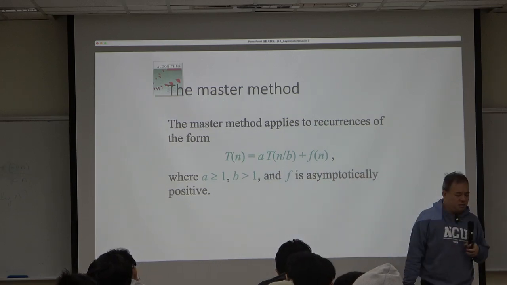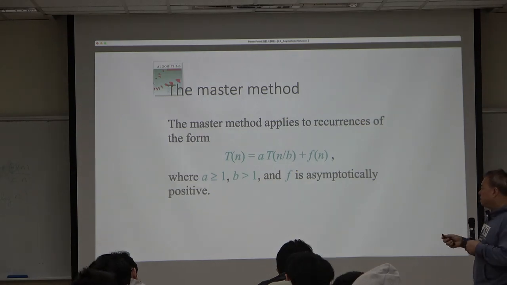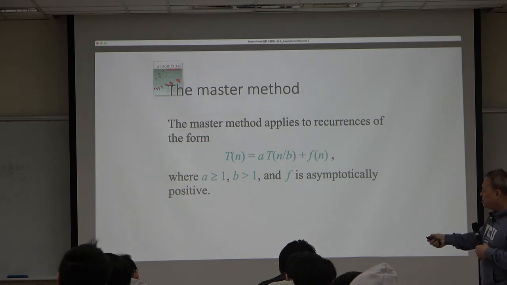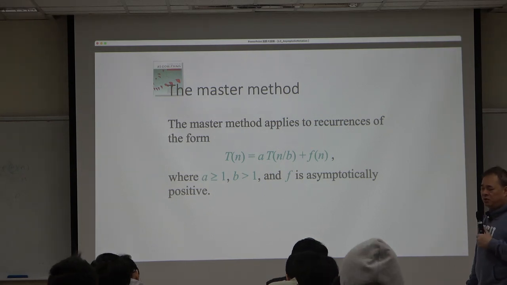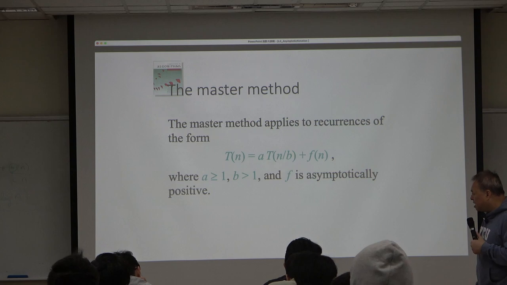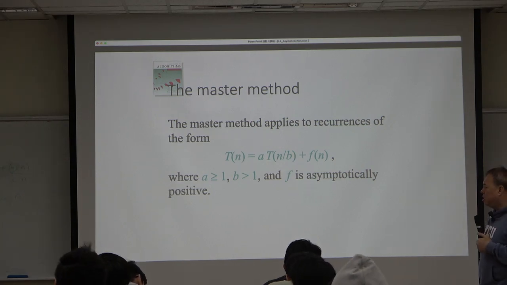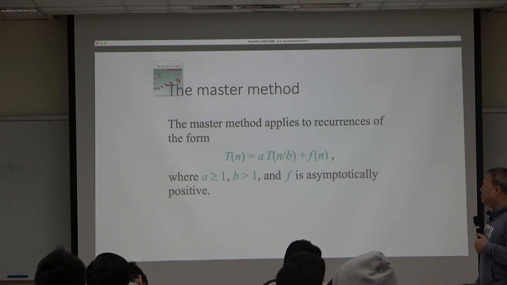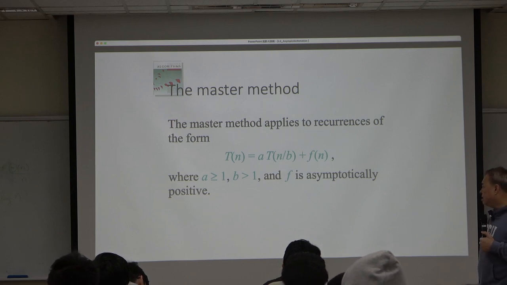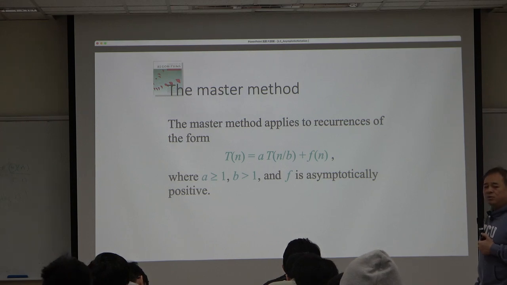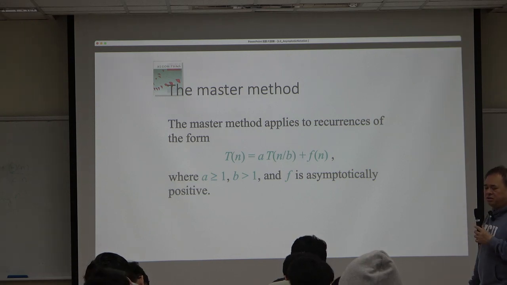This is a very, very common situation in divide and conquer algorithms. Even though the master method is like a formula, you just follow these rules and you get your answer.